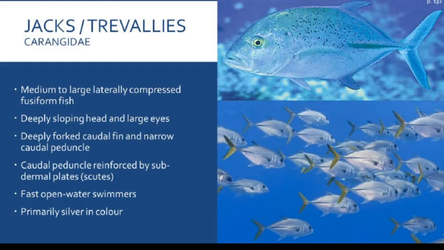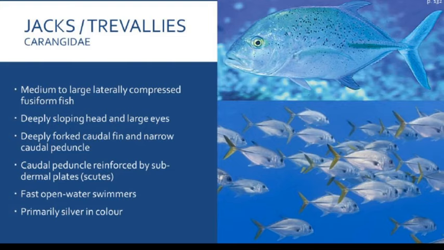So our next one are our jacks or trevallies or kingfish, whatever you want to call them. They're all in the Carangidae family. These guys are medium to large, laterally compressed fusiform fish. Fusiform simply means built for speed. It's nice and streamlined. Everything is ready to swim fast.